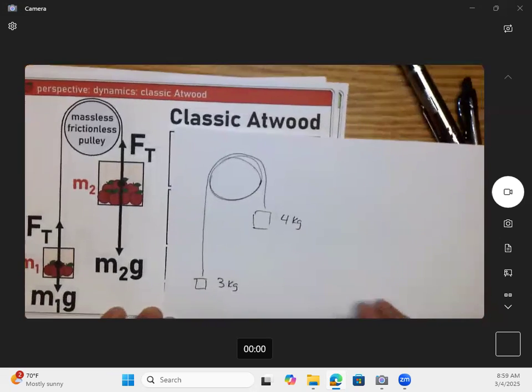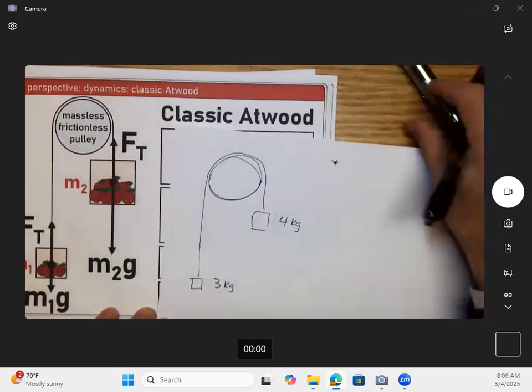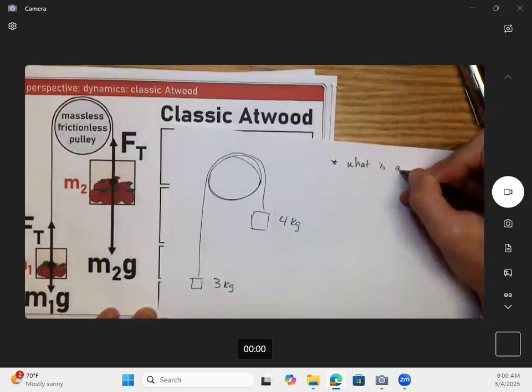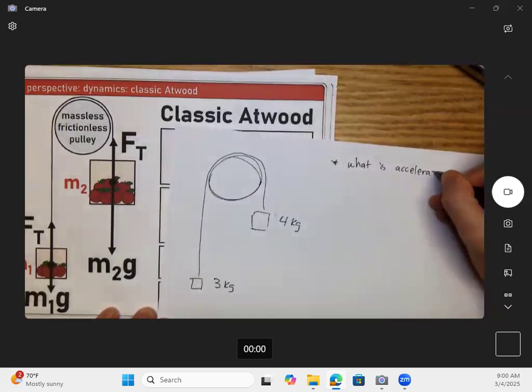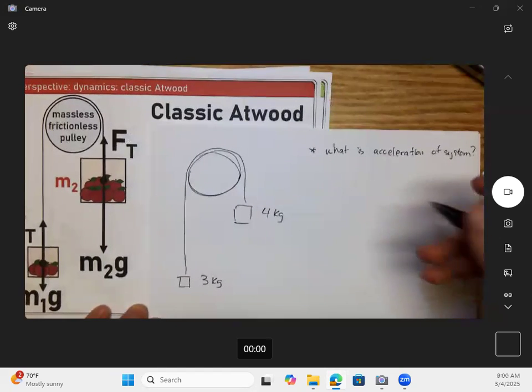Okay. So some things that I might want to know: what is the acceleration of the system? Or that might be worded, what's the downward acceleration of the large block? You might say it that way.